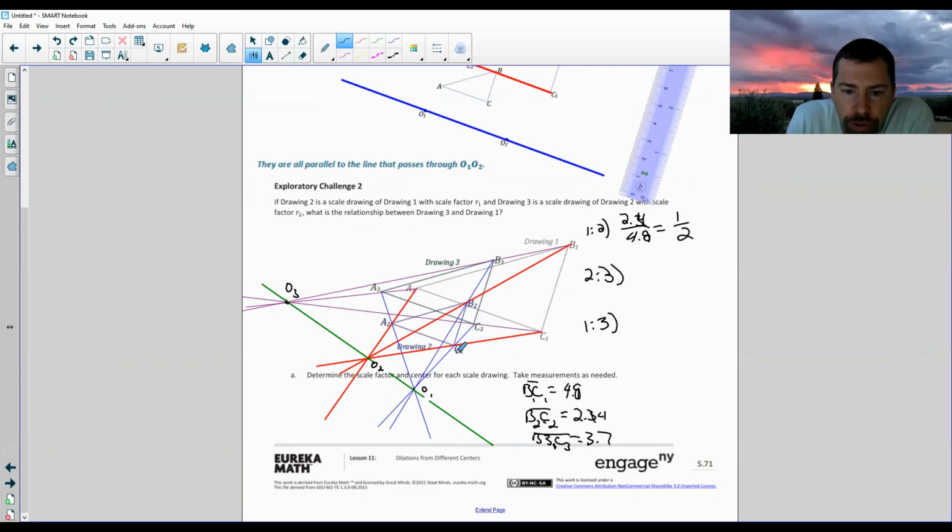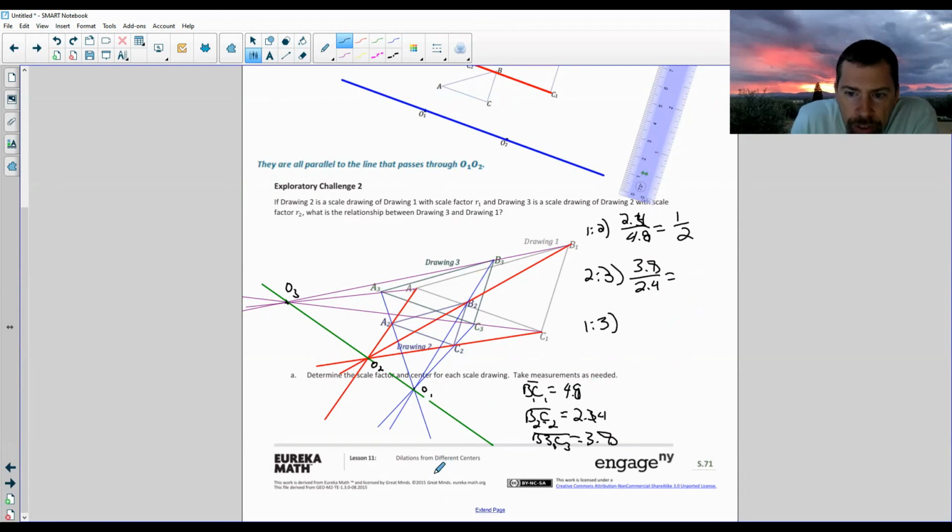And then 2 to 3 would be this to this. It's going larger, so you want the 3 on top. So it's 3.7 over 2.4. And again, I'm going to change this to 8. I'm off by 1/10. And then the numbers are more manageable.